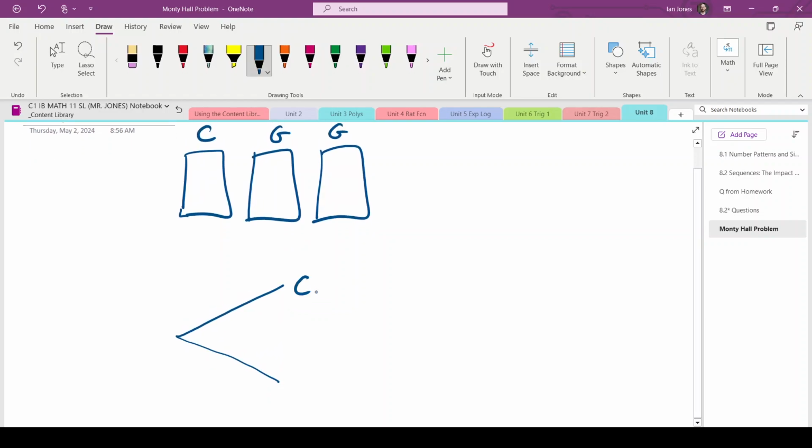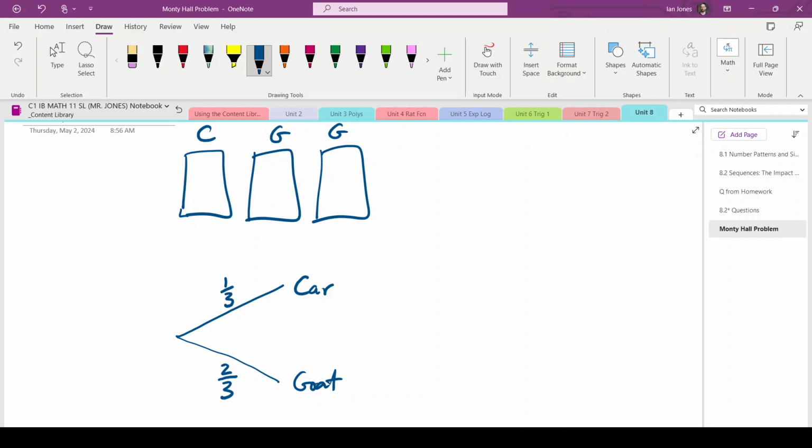Either we selected a car or we selected a goat, and we obviously don't know what the reality is. If we selected a car, the chance of that happening is 1 out of 3. And the probability that we select a goat is 2 out of 3. It's more likely that we select a goat because there are more goats than cars. There are 2 goats, 1 car.